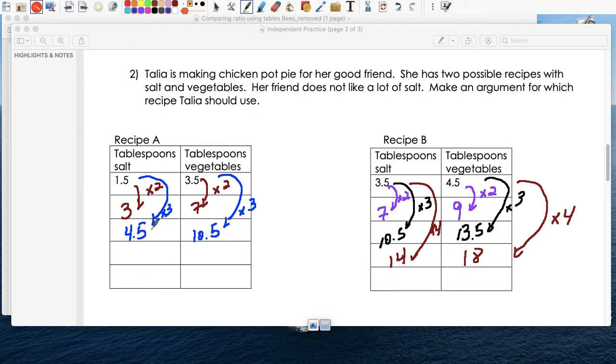So todavía nada igual. Continue. Times 4, a different color. It's going to be 14. Here will be times 4. It's going to be 7. Oh boy, nothing yet. Todavía nada.